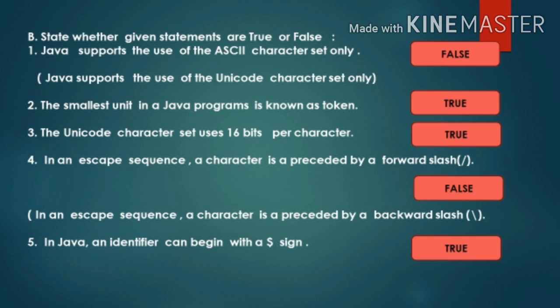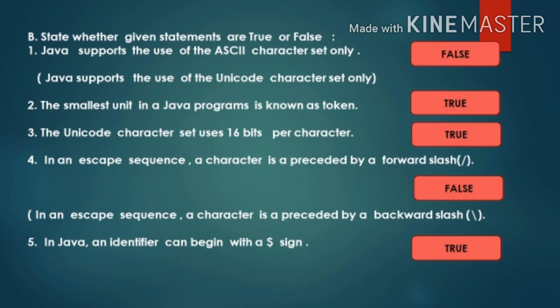Java supports the use of Unicode character set only. Question number 2. The smallest unit in a Java program is known as token. True. Question number 3. The Unicode character set uses 16 bits per character.